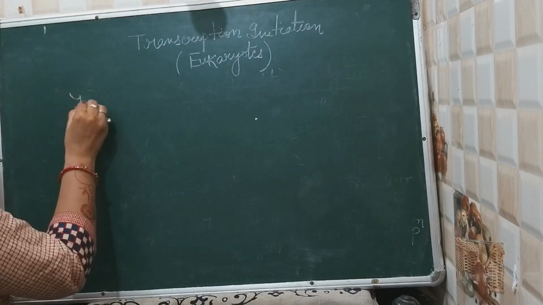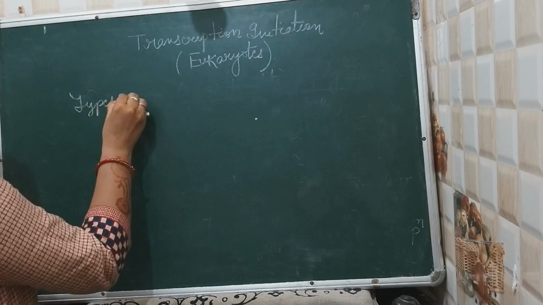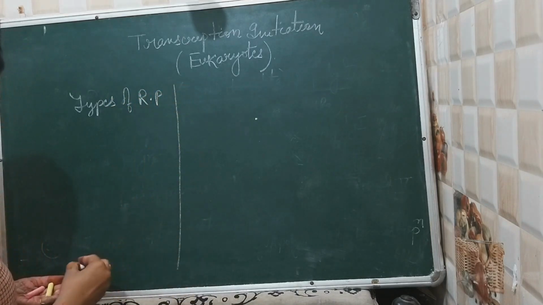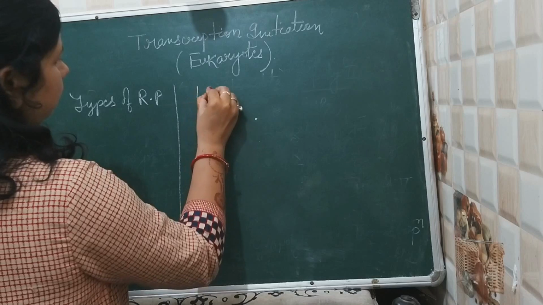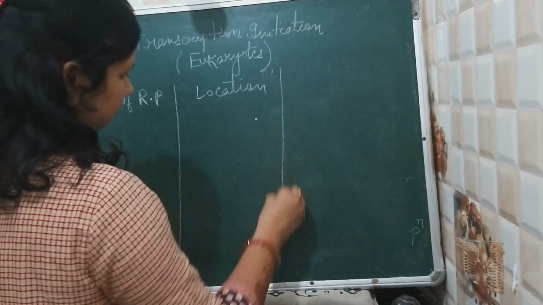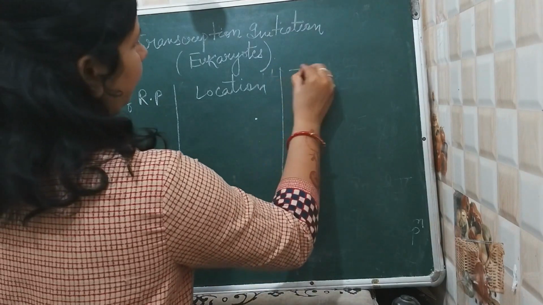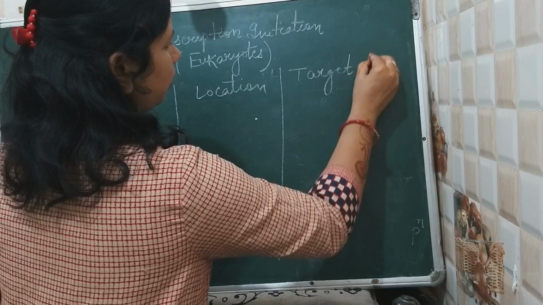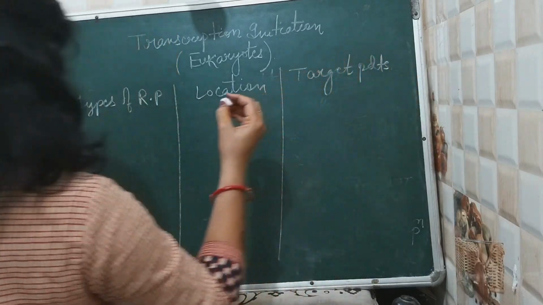So here, the types of RNA polymerase, their respective location and their target products.